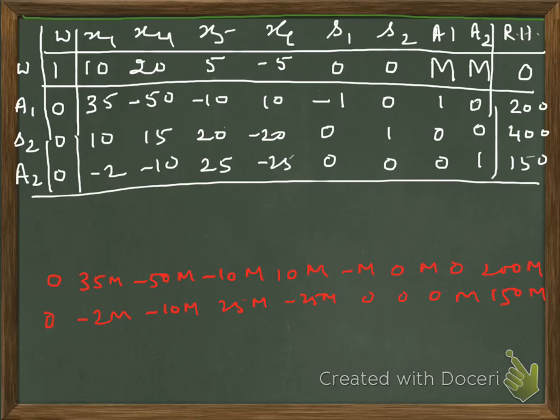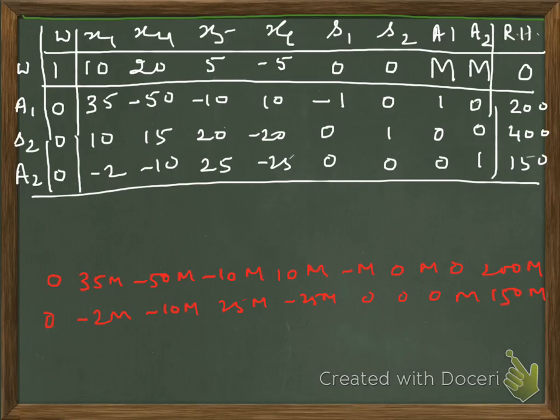As a rule, you can take that wherever you have introduced artificial variables, these rows should be multiplied by m. They should be added, and whatever result you are getting, you subtract that from the original w row.